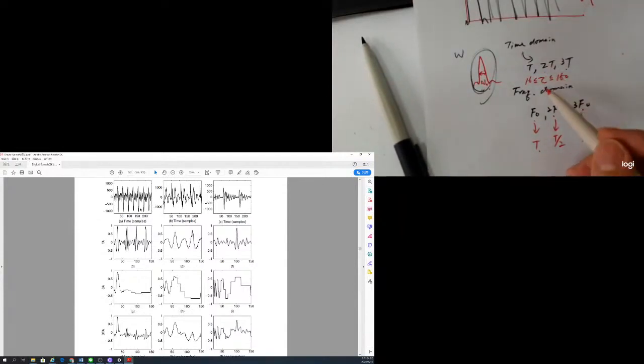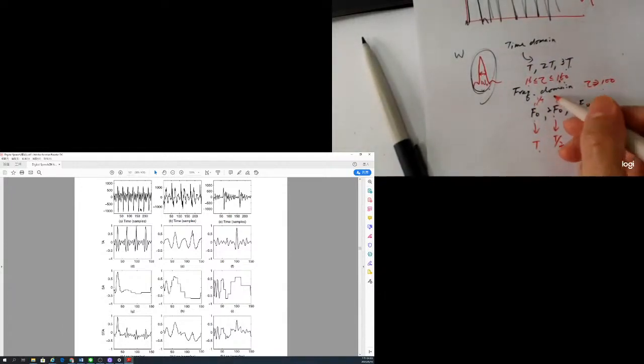So if your tau is smaller, it is easy to find 2 pitch, 3 pitch. If your tau should be up to 100, it is not possible to find 200, because tau is searched from 60 to 160. However, f0 is 1 over T. So that one is 1 over T.